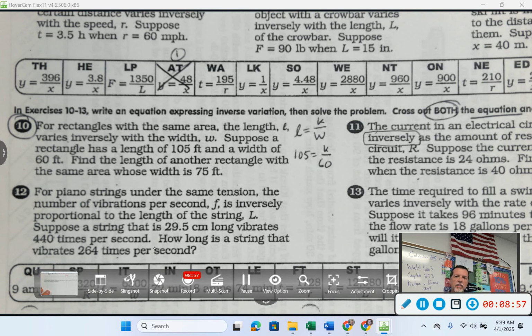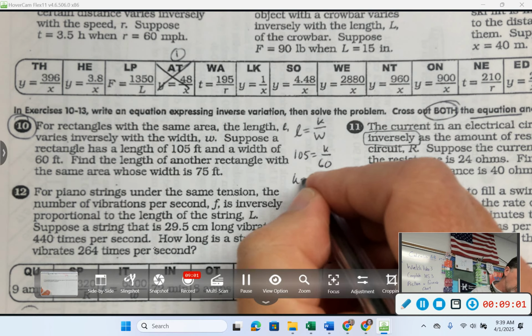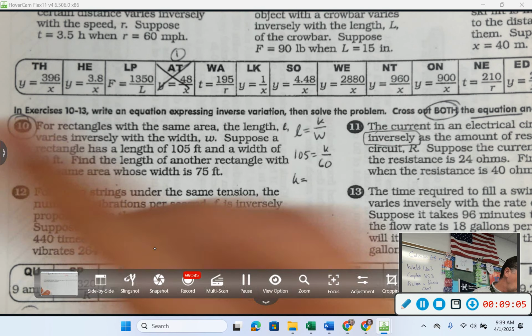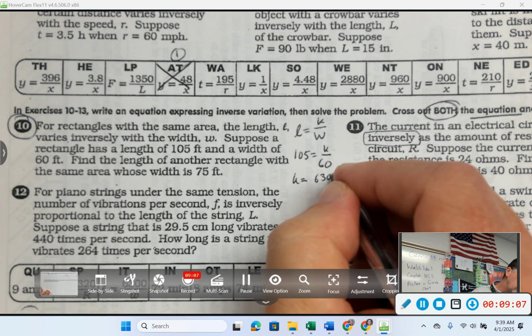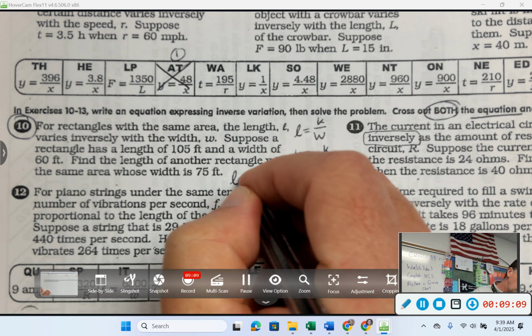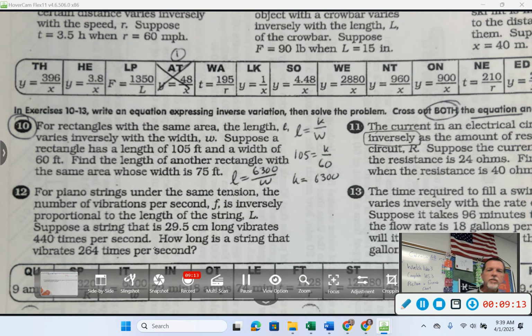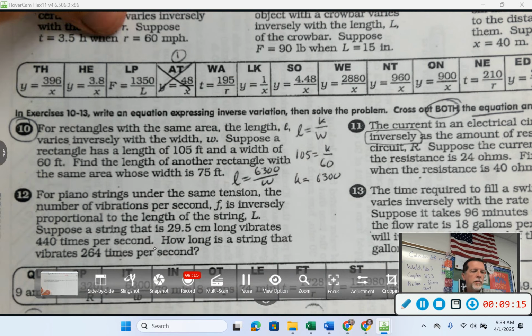So k is 60 times 105, which is 6,300. So my equation is L equals 6,300 over W.